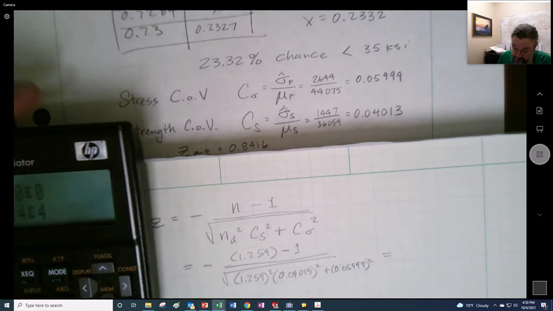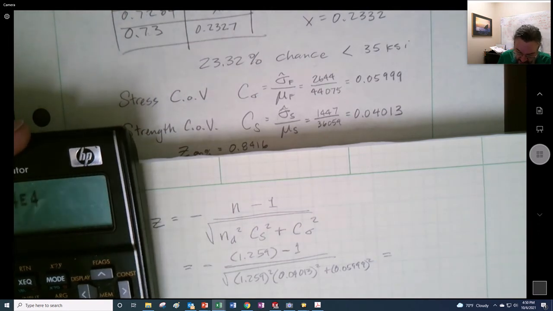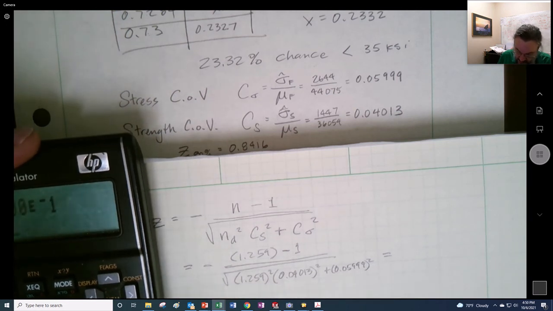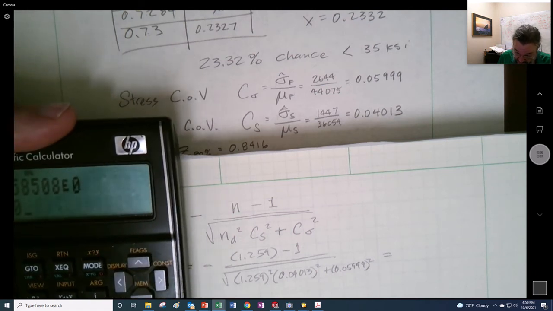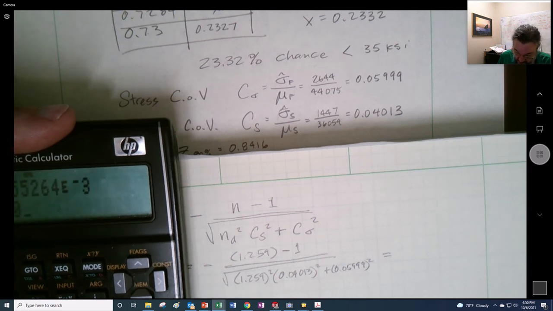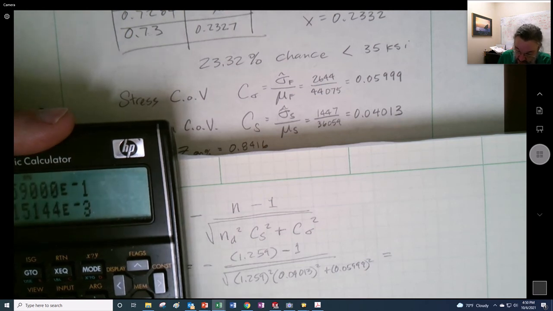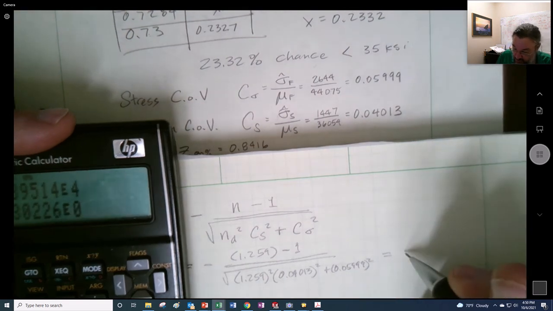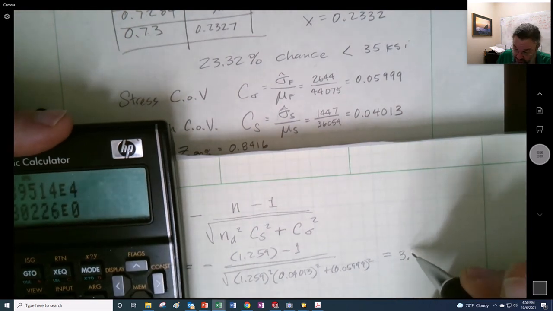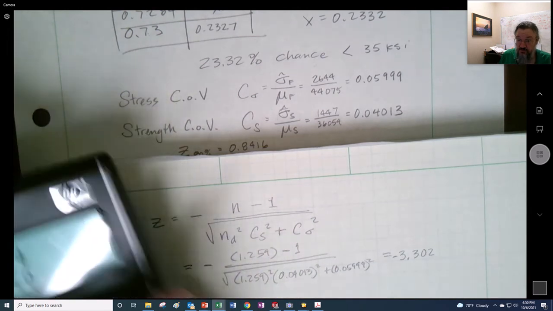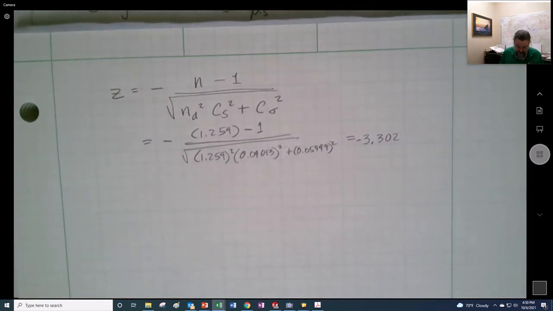And what do we end up with? 1.259, subtract out 1 from it, 1.259 squared, and then 0.04013 squared times, and then 0.05999 squared added, square root it, divide it, and I get, and by the way, it's supposed to be negative, 3.302.